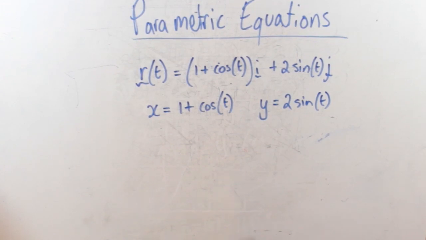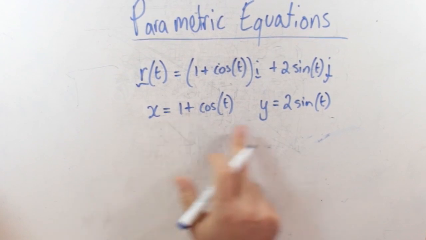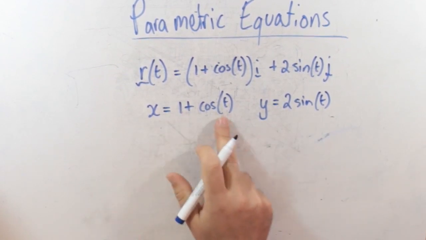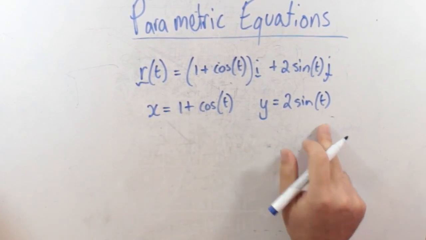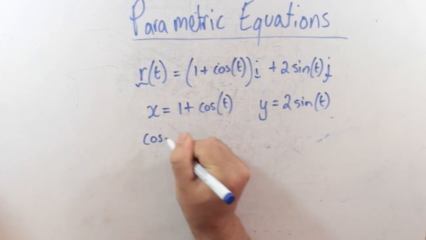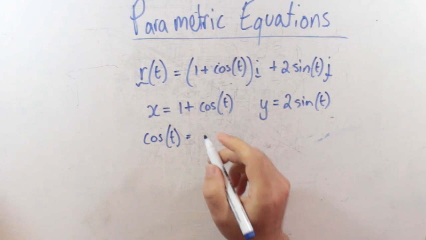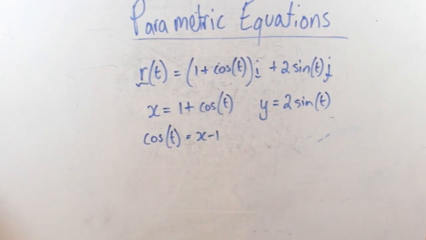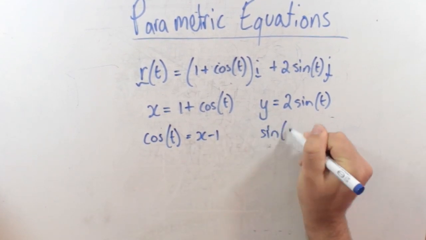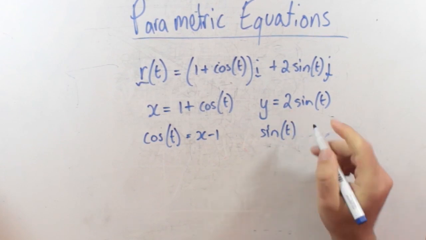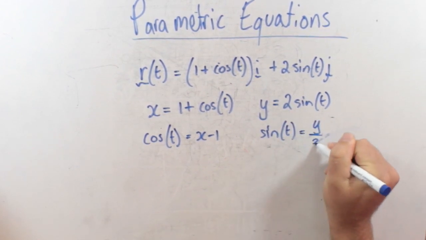Okay, so we need to find some sort of relationship between sine and cos to be able to do that. So let's rearrange these so we get cos of t and sine of t on their own. So we want cos of t equals x minus 1. Sine of t is y over 2.